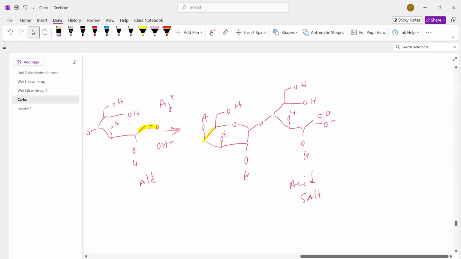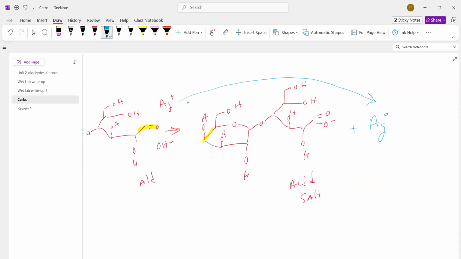So what happens is that Ag+ goes to Ag0, or the metallic silver. So that's reduced.